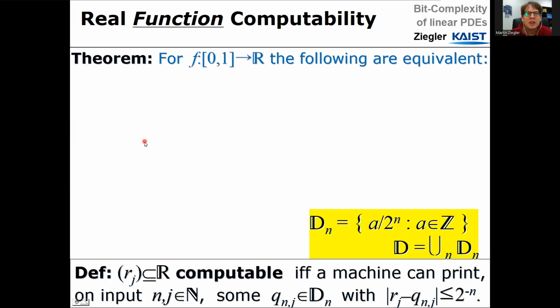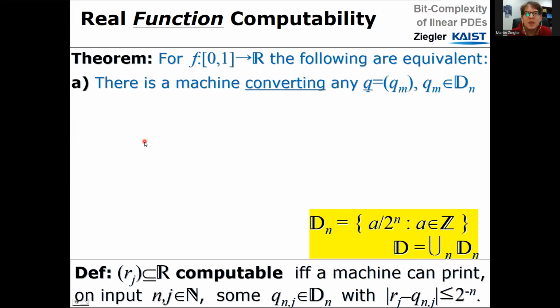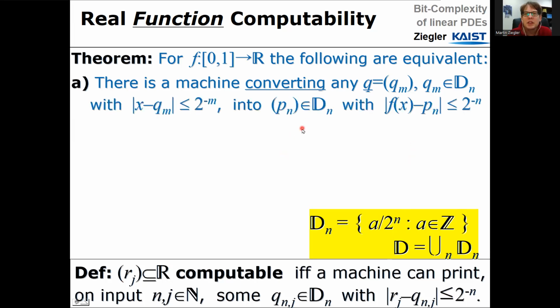And the theorem says that the following are equivalent when we talk about real function computability. The first definition regards a function as a kind of translation machine, converting any input sequence of dyadic rational approximations into a corresponding output sequence of dyadic rational approximations for the value. Input approximations to the argument, output approximations to the value.